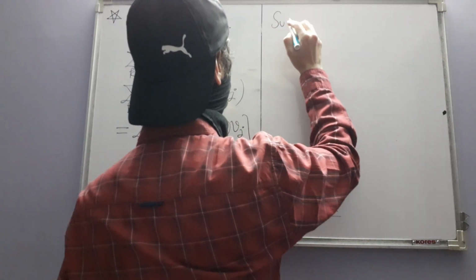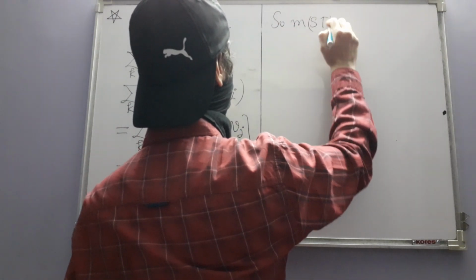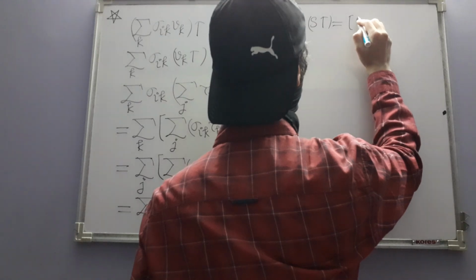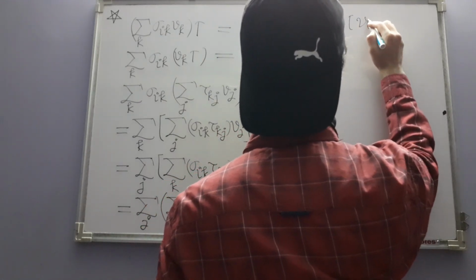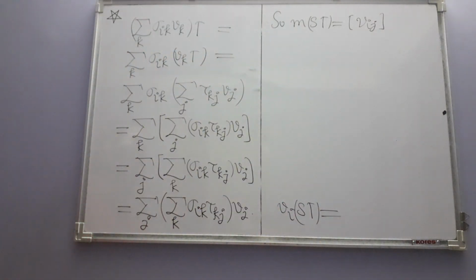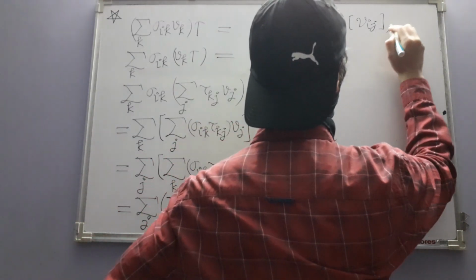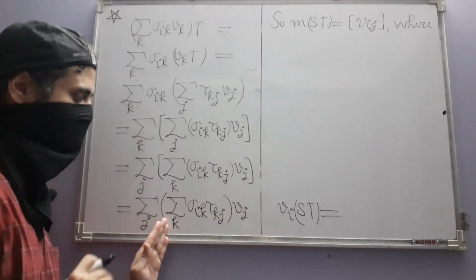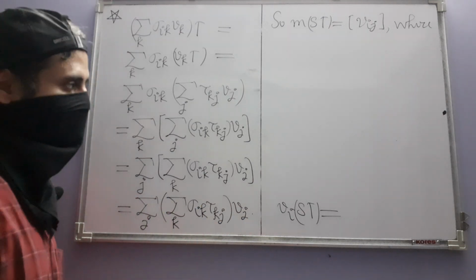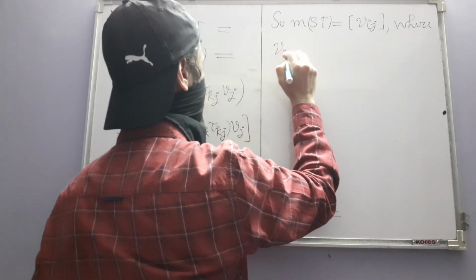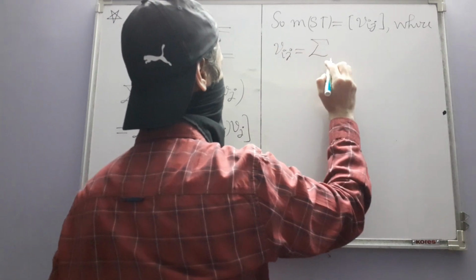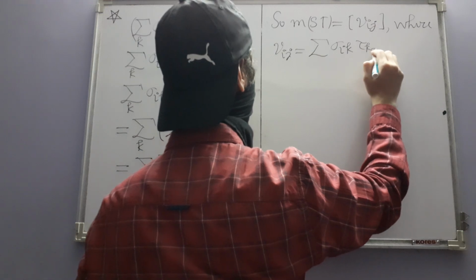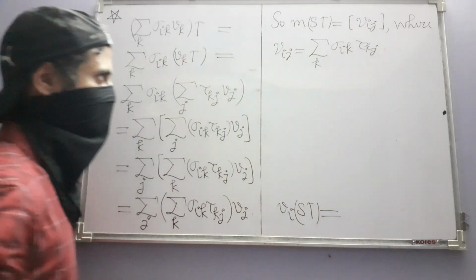So the matrix of ST with respect to our ordered basis is, let us give it some names, say μ, whose ijth entry is ν_ij, where the ijth entry is this, the scalar of vj in this linear combination, where ν_ij is summation sigma σ_ik τ_kj, where the sum varies over k.